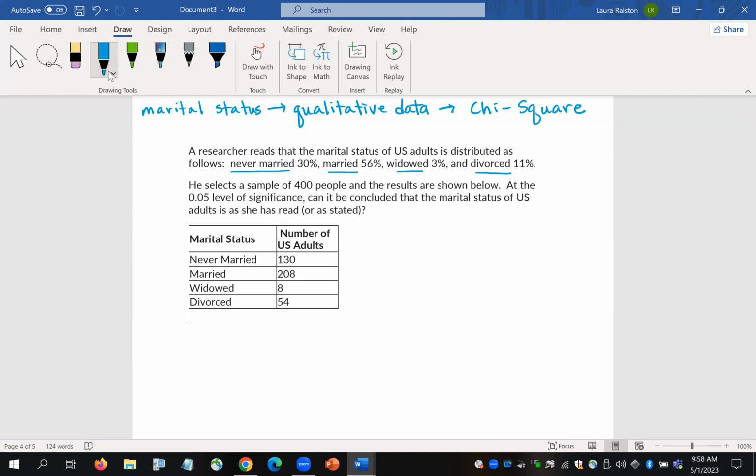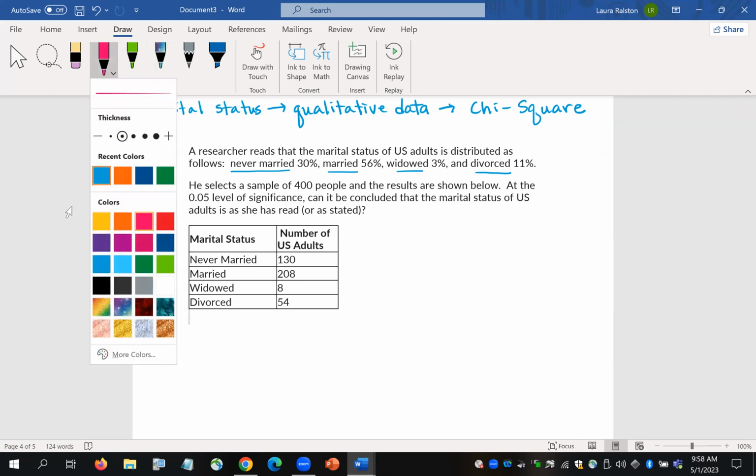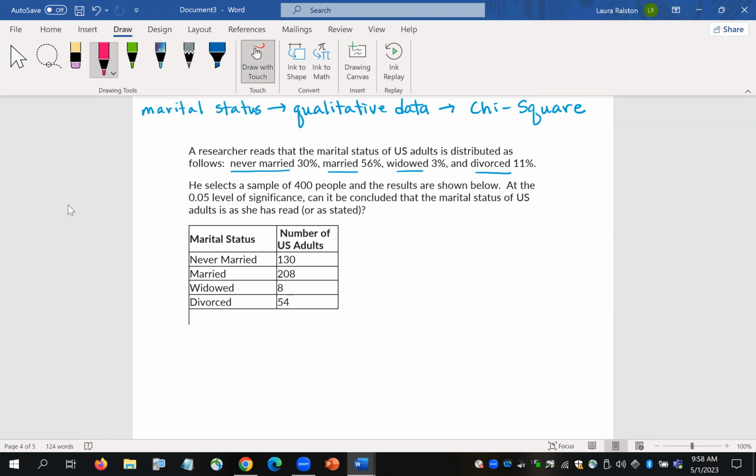Well, again, in reading this problem and looking at how my results are displayed, my results are displayed in a table. Specifically, this is a categorical frequency distribution.